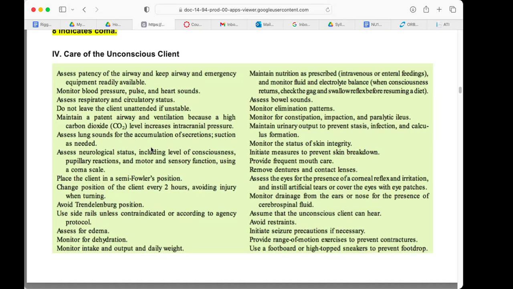Make sure you understand that you want to maintain a patent airway for someone who's unconscious, because CO2 is a vasodilator. So for those of you who were with me last class, we wrote that down. CO2 is a vasodilator, and so increased CO2 would make increased ICP worse. I know that this is a review for most of you.